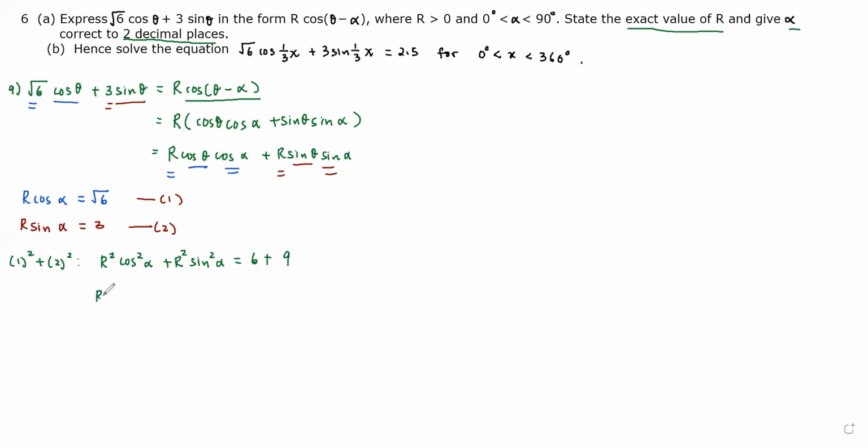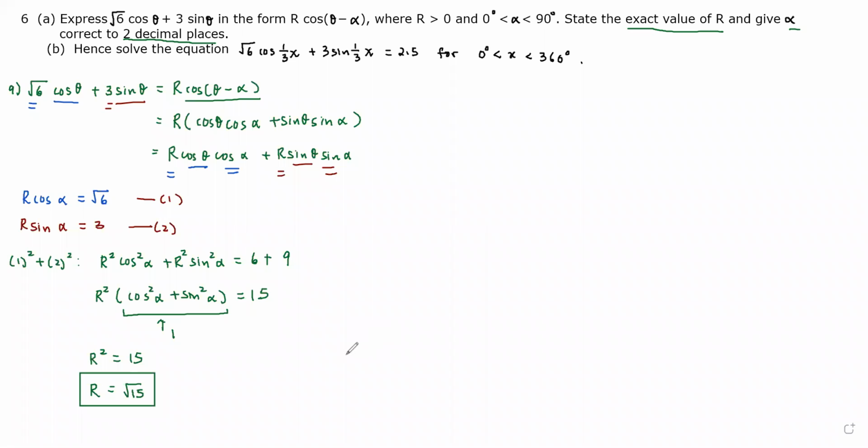When we factor out r squared, we have r squared times cos squared alpha plus sine squared alpha equals 15. From the fundamental identity of trigonometry, cos squared plus sine squared is 1, so r squared is 15. Since r is positive, it is the positive square root of 15.